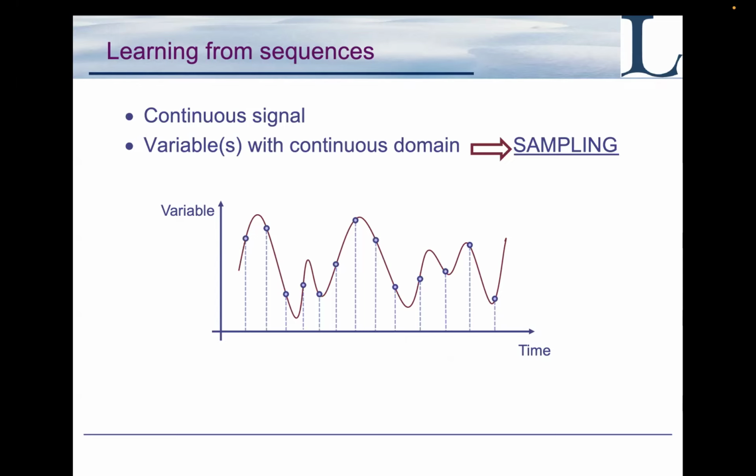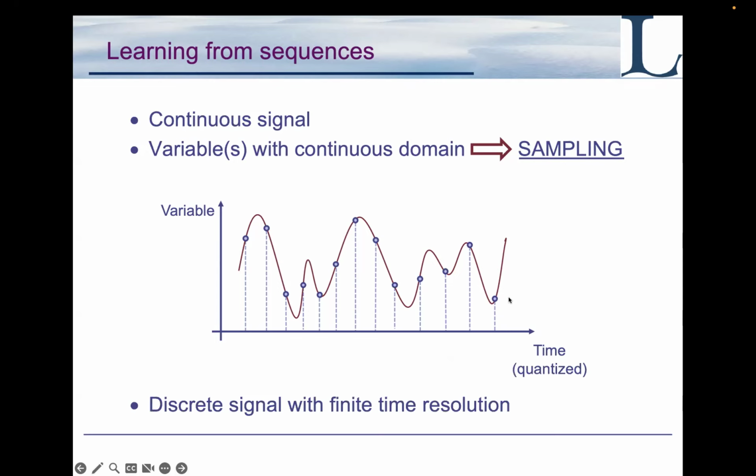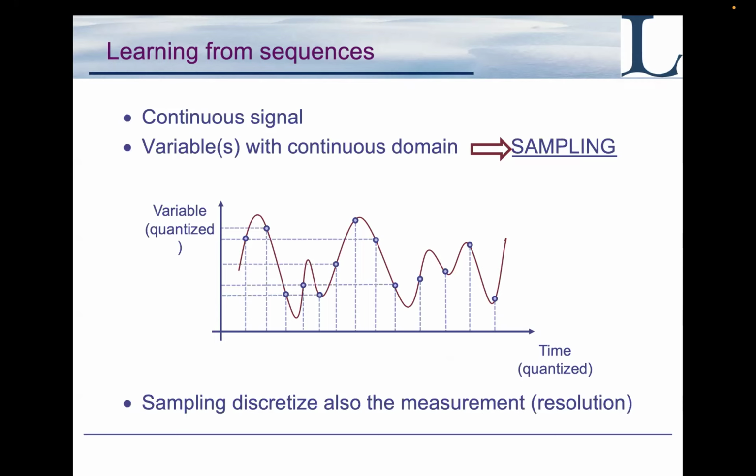What we can do first is discretize time and sample the values, so the magnitude of the signal in time. As a result of this operation, we obtain a discrete signal with finite time resolution.